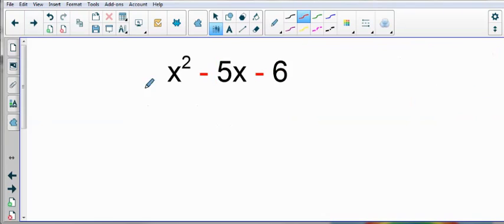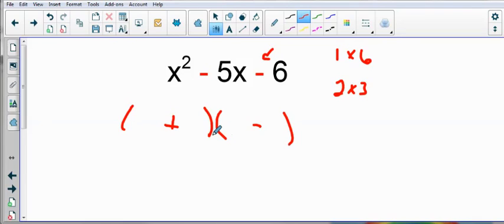The last possibility is what if these are both negatives? Again, this is the one I'm checking first. Use my same factors, 1 times 6 and 2 times 3. Well, I know in order for this to be a negative, it's going to have to be a positive times a negative in order to make a negative. Now the trick is, which one of these are going to combine together to make a negative 5? Well, negative 1 and positive 6 combine together to make a positive 5, so that's not it.